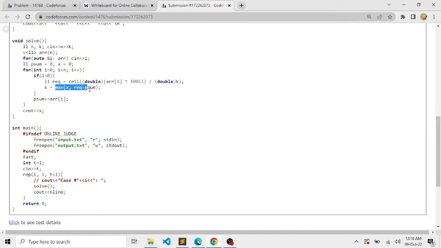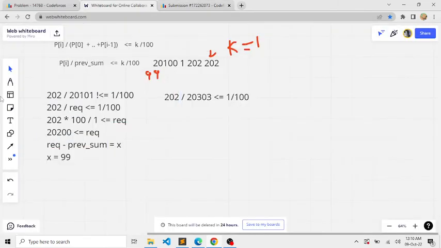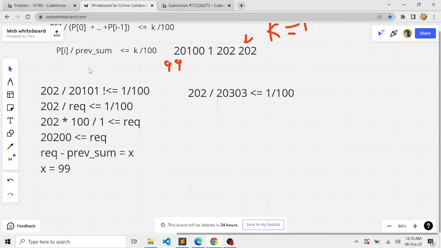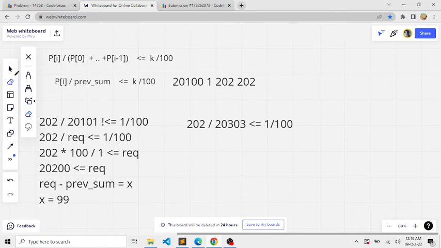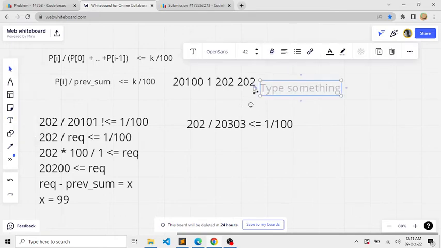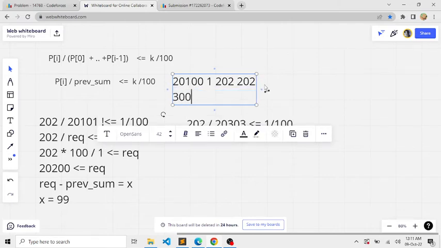Now why am I taking this maximum? I'll try to explain it over here. Let's say that the array did not end over here, and we had one more term, which was 300.